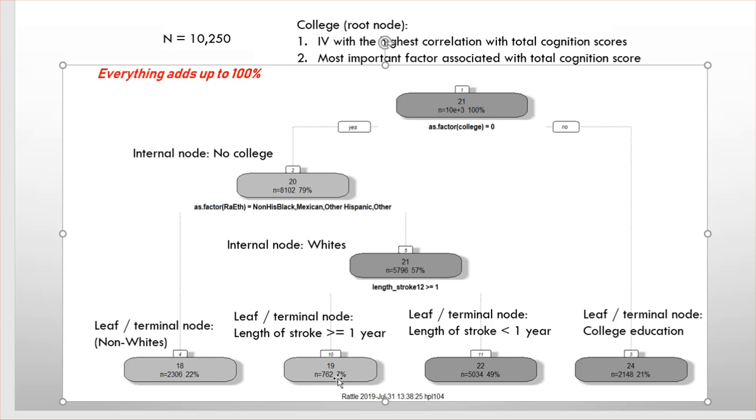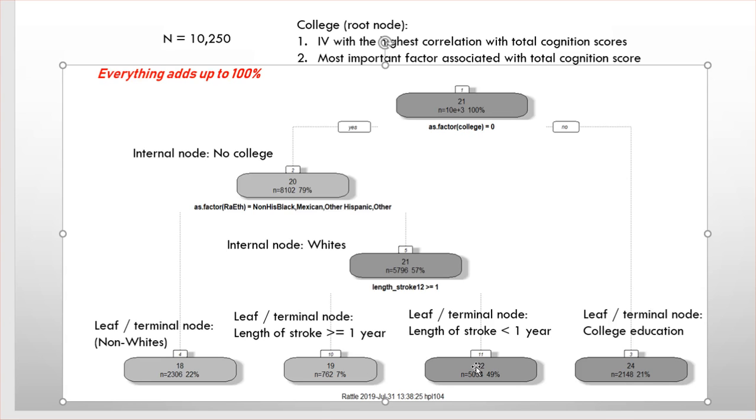About 7% of our white respondents with no college education experienced stroke for at least a year, and about 49% of the white respondents with no college degree experienced stroke for less than a year.